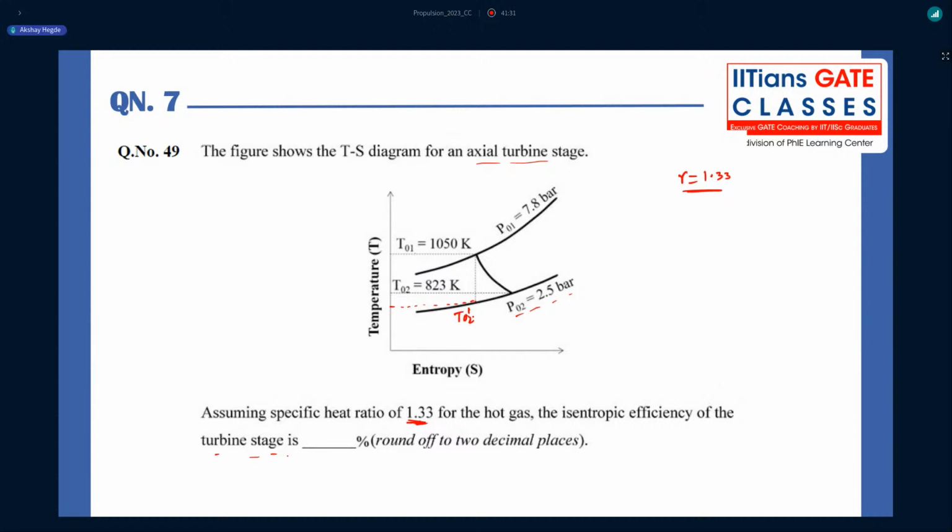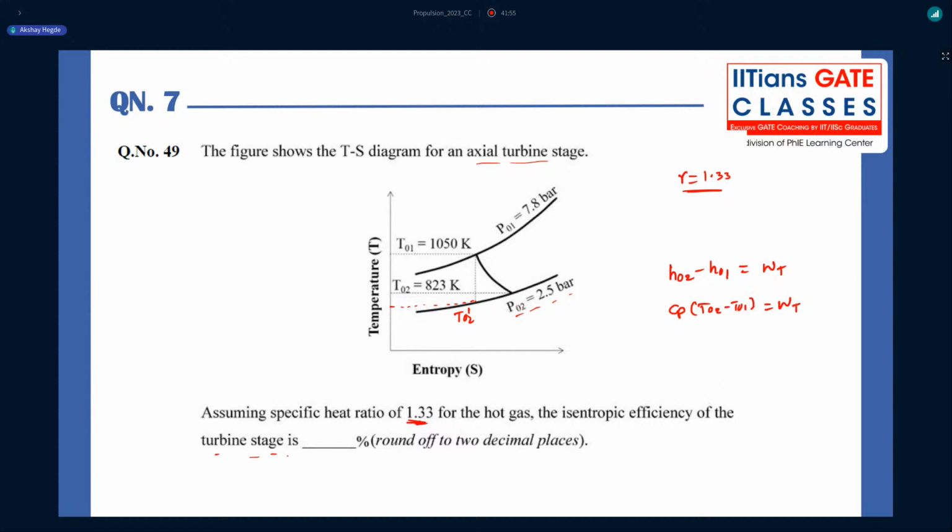So you would have converted much more energy into useful form. The H02 minus H01 is going to be the work done by the turbine, right? So for a calorically perfect gas, T02 minus T01 is proportional to the work done by the turbine.